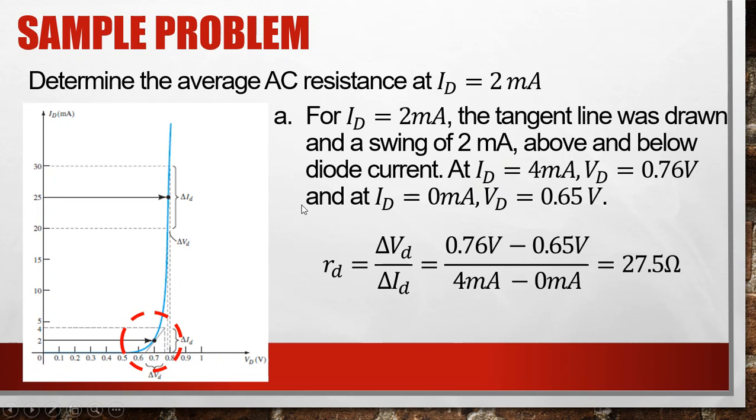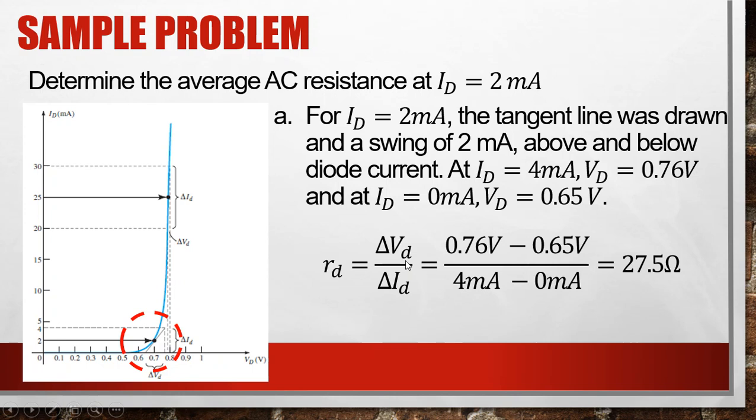At diode current is equal to 4 milliampere, the diode voltage is 0.76. Okay, this is just an assumption. And for diode current is equal to 0 milliampere, makukuha nating voltage across the diode ay 0.65.